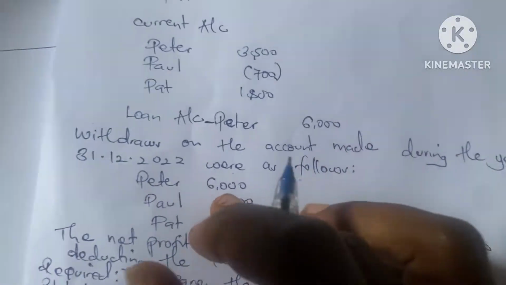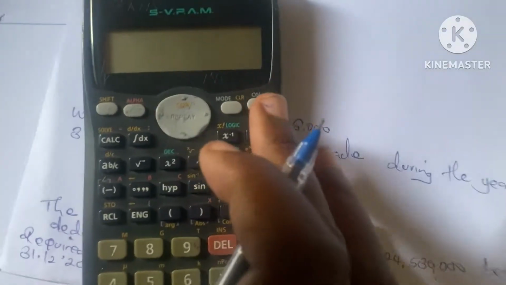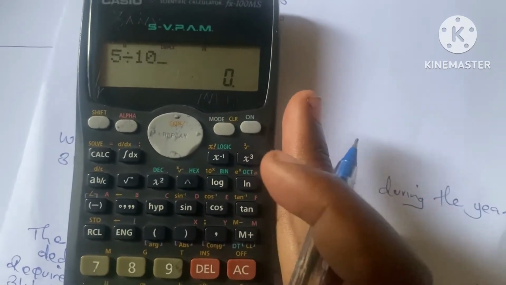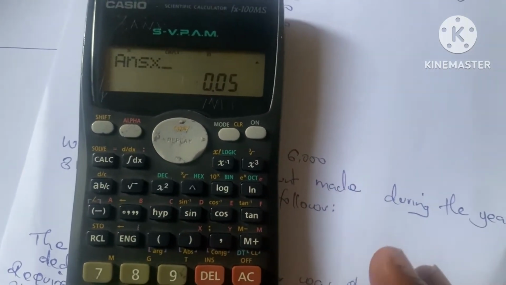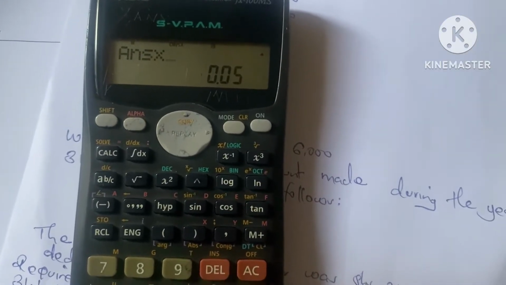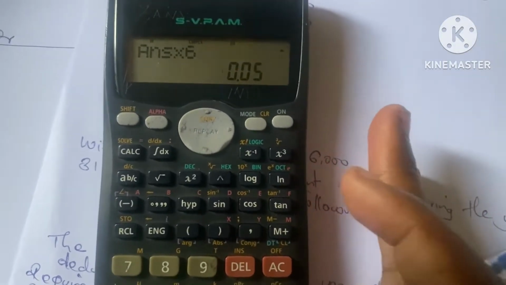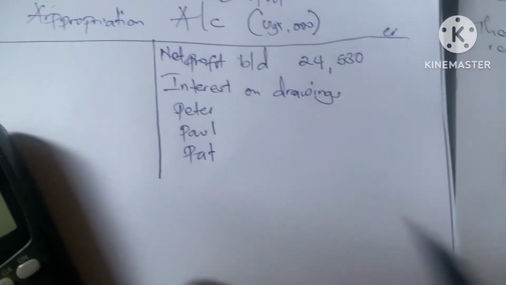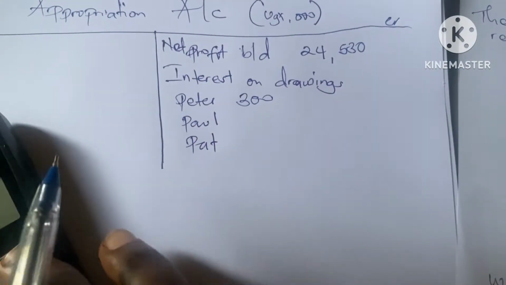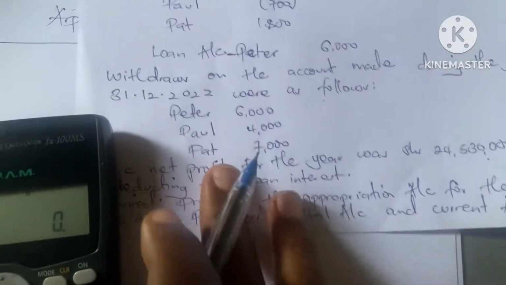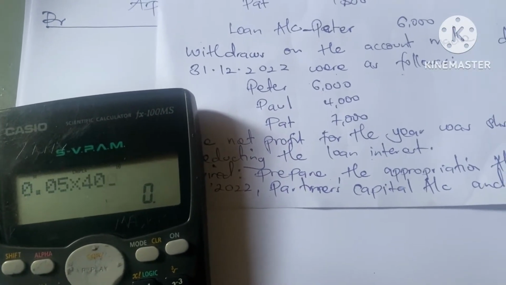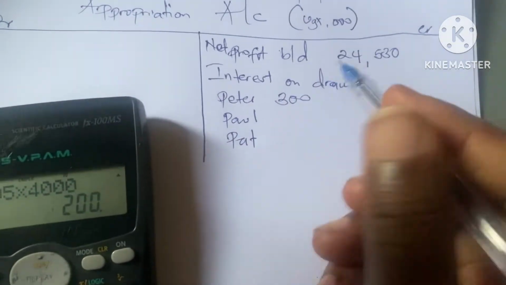Peter had a withdrawal of 6,000. So 5 out of 100 times 6,000 is 300. So 300 is the interest for Peter. Then for Paul, it is 0.05 times 4,000, which is 200.